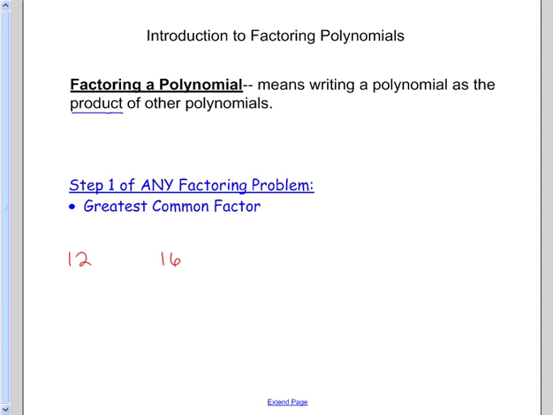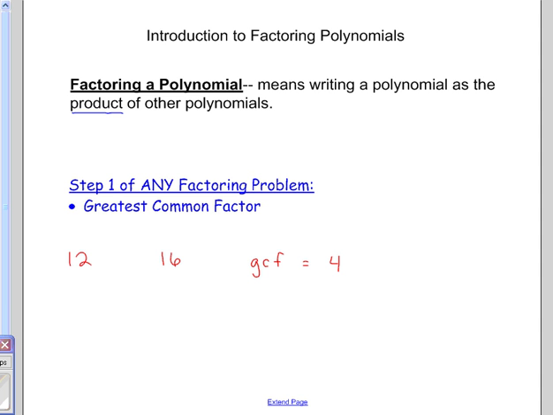If I wanted the greatest common factor of those two numbers, it would just be the highest number that would divide into both of those numbers. Well, 2 will go into both of them, but is there something higher? The greatest common factor, which I abbreviate as GCF, would be 4, because that's the highest number that will divide into both of these numbers.